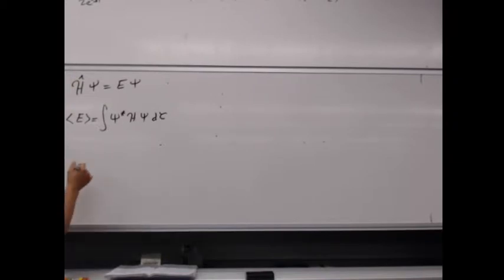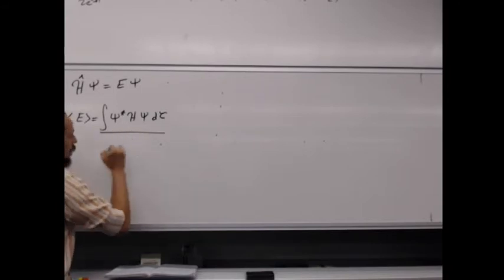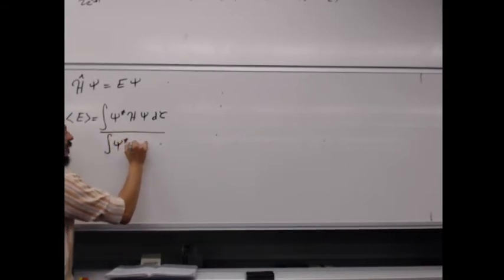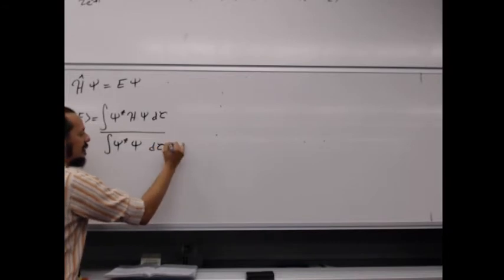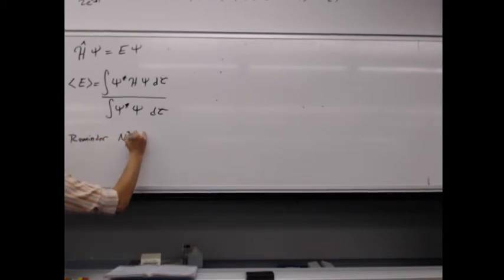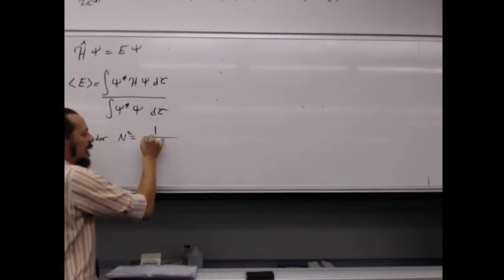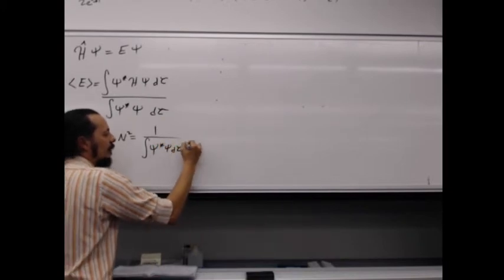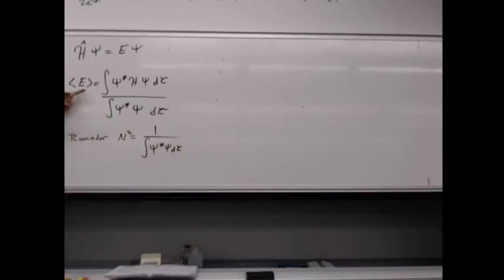So I'm going to remind us that we can always do this normalization trick, psi star psi d tau. Reminder, N squared is equal to 1 over the integral psi star psi d tau. This guarantees normalized energies.